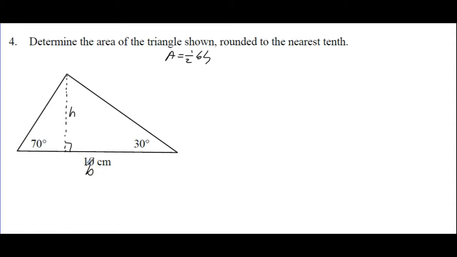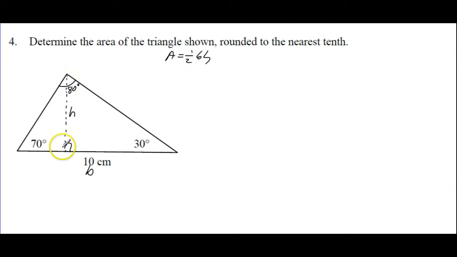We need to find this height. And what do we know here? Well, if that's 70 degrees and that's 30 degrees, then we know that this is 80 degrees, right? I think anytime you're given two angles in a triangle, you might as well calculate the third. It could come in handy.